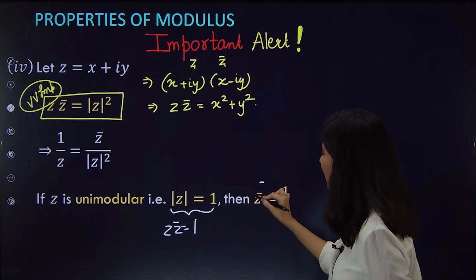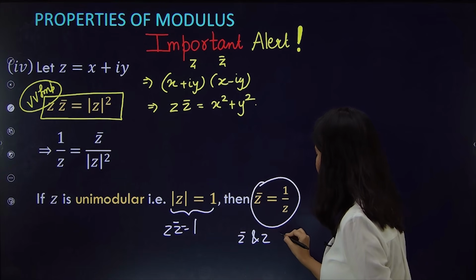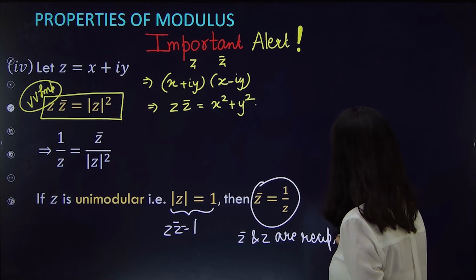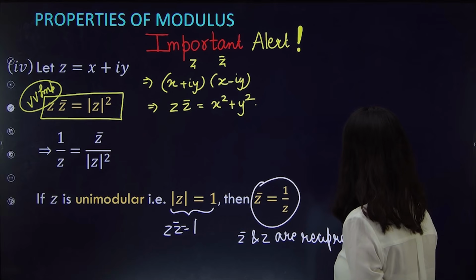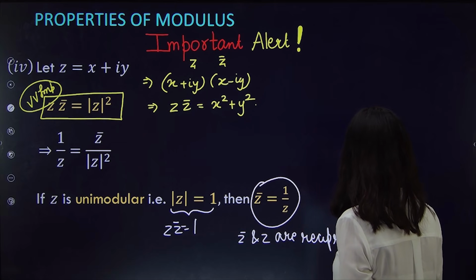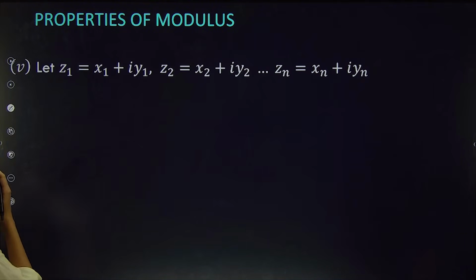So z bar and z will be reciprocal of each other. All right. Clear?